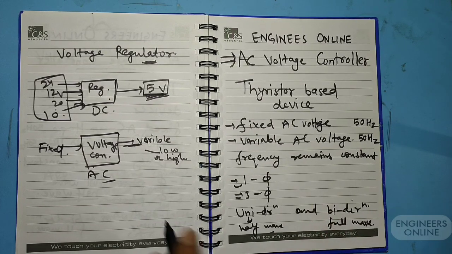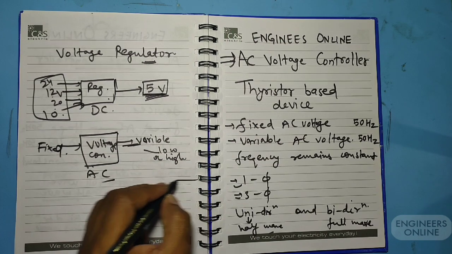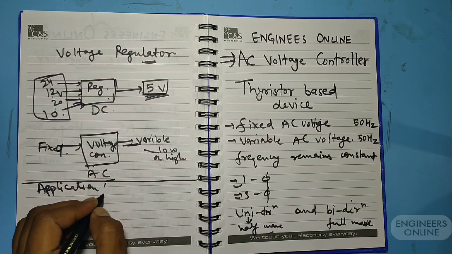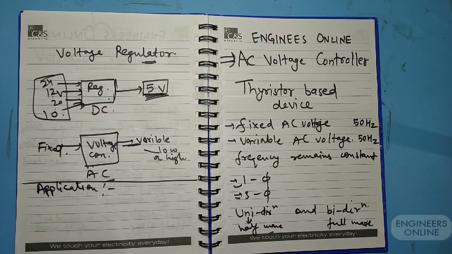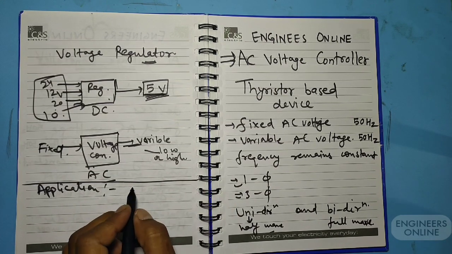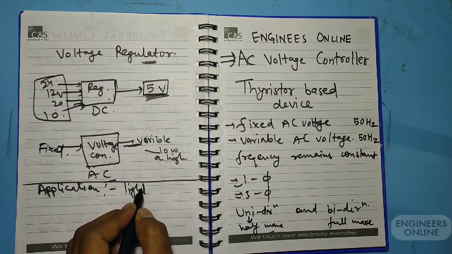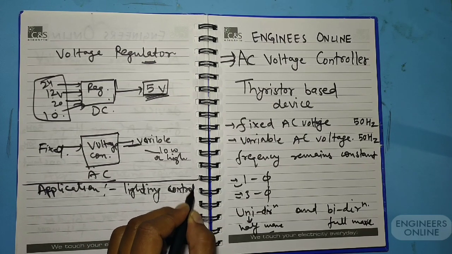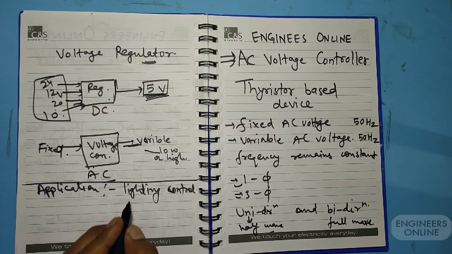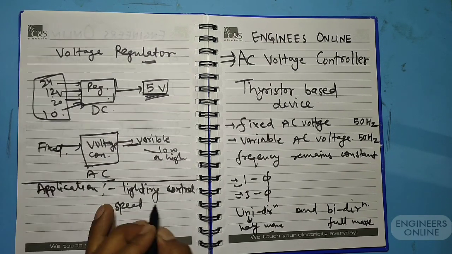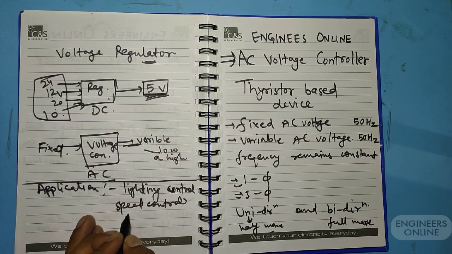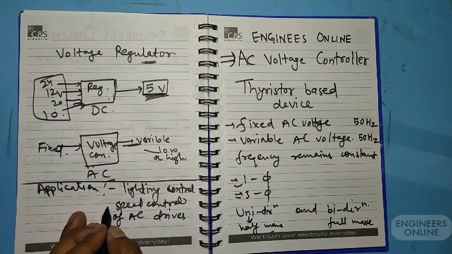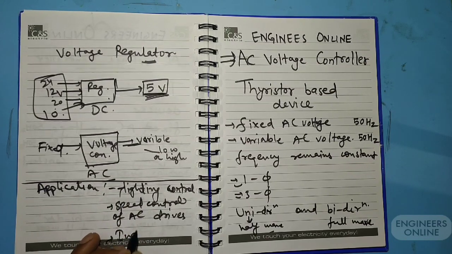There are some applications for voltage controllers. Voltage controllers are used in both industrial and domestic purposes, like lighting control, where we can control the intensity of light, speed control of AC drives, and induction heating.